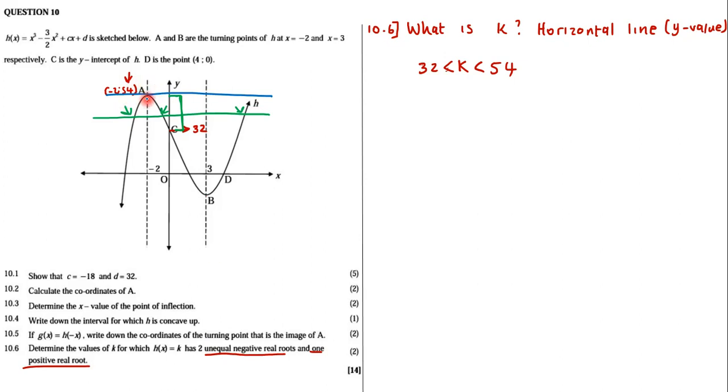But we want a place where they will be unequal. So it's going to be two roots there, both equal, and then one positive root there. And in this case, if we touch at 32, it will be negative here, but then there it will be x equals 0 because it's a y-intercept. Then that one will be positive. Hence, we can't have that one. But that is how we basically get to this answer.